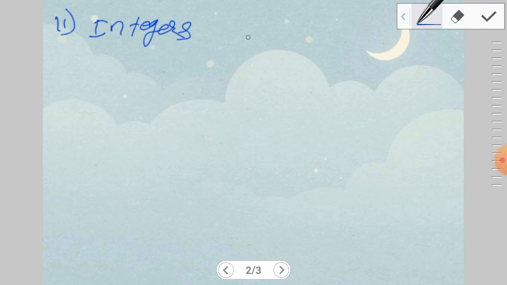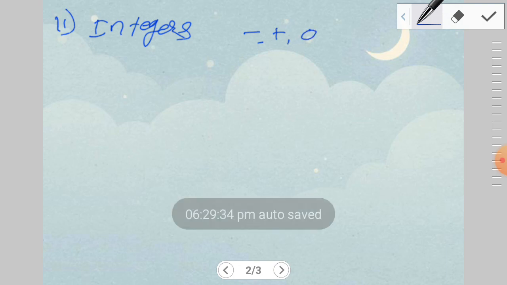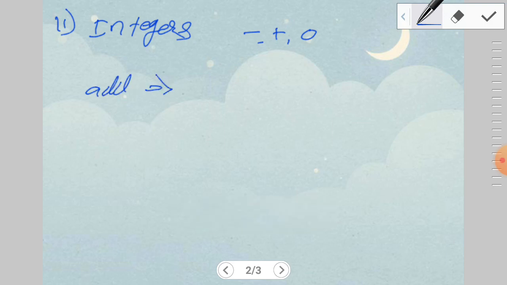Integer numbers mean negative numbers, positive numbers and 0. Addition: an integer added to an integer should be an integer.